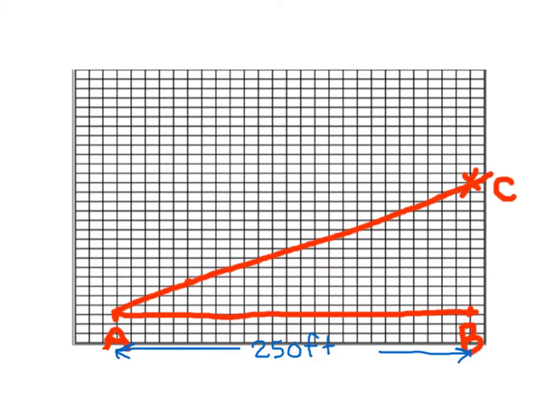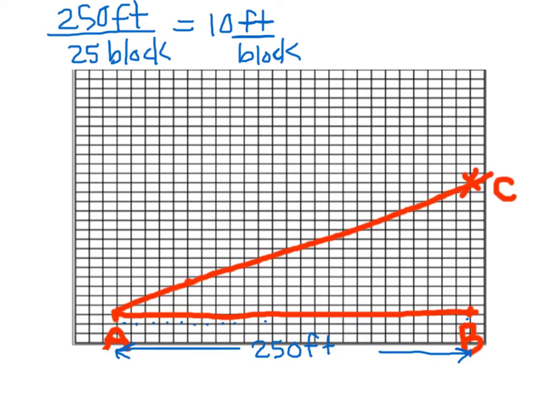Now I notice on my scale drawing, on my graph paper, that there are 1, 2, 3, 4, 5, 6, 7, 8, 9, 10, 11, 12, 13, 14, 15, 16, 17, 18, 19, 20, 21, 22, 23, 24, 25 blocks, 25 graph paper blocks from point A to point B. That means that the scale on my drawing is 250 feet between point A and B, divided by 25 blocks between point A and B on my graph paper.